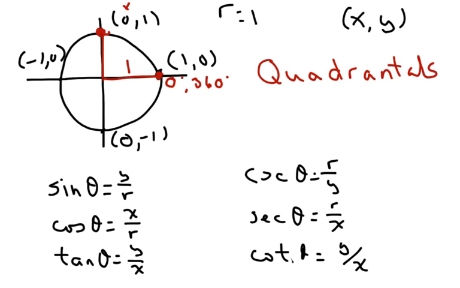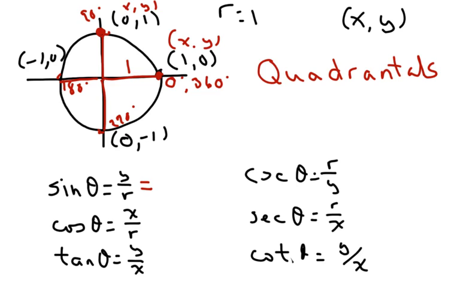This is your x and your y. My next one is 180 degrees, so this is negative 1, 0. And then this is 270 degrees. It's 0, negative 1.